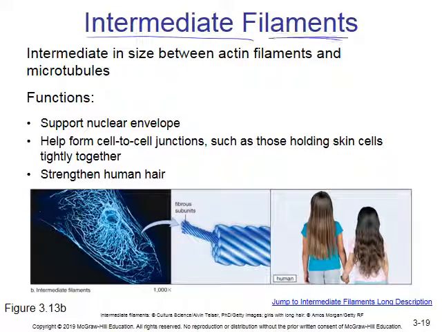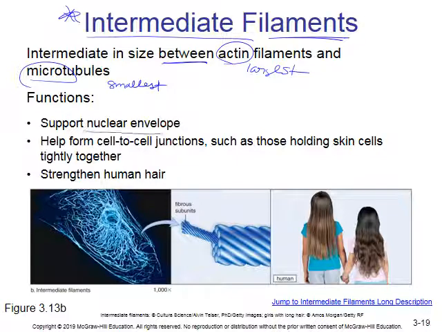Next, we have intermediate filaments, and these are in between, right? That's why they're called intermediate. So actin and microtubules: actin would be kind of the largest, and microtubules would be the smallest, and in between you have these intermediate. So these form support for the nuclear envelope. This is what's around the DNA and creates the nucleus.